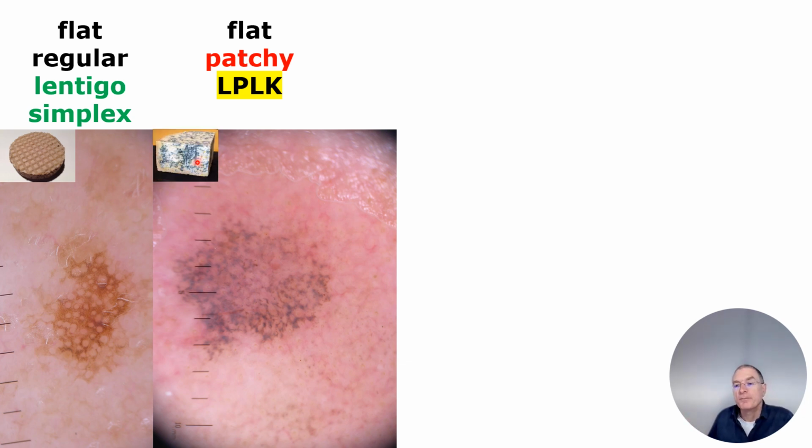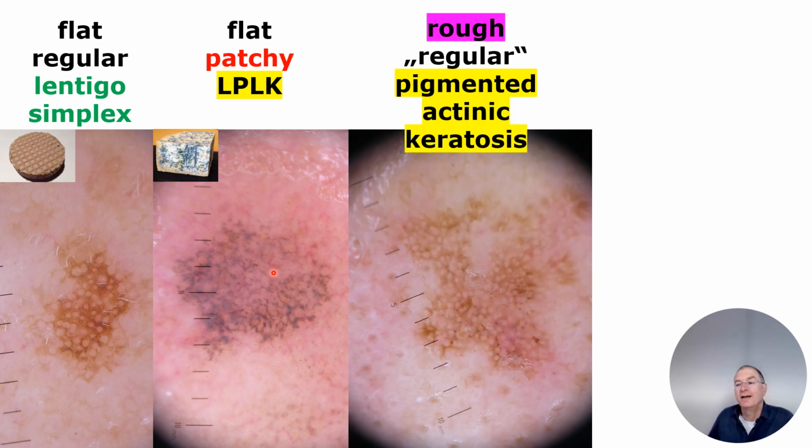This pattern in dermoscopy I like to compare with blue cheese. This is very helpful for me when I touch this lesion. It is a little bit rough, like sandpaper, with more or less regular pigmentation, and in dermoscopy typical for the actinic keratosis.